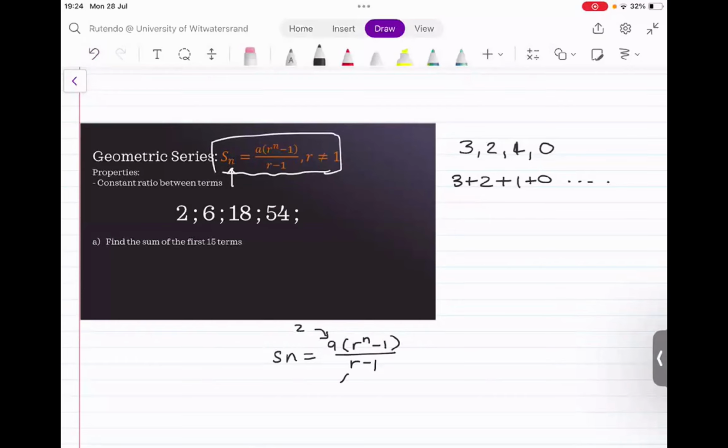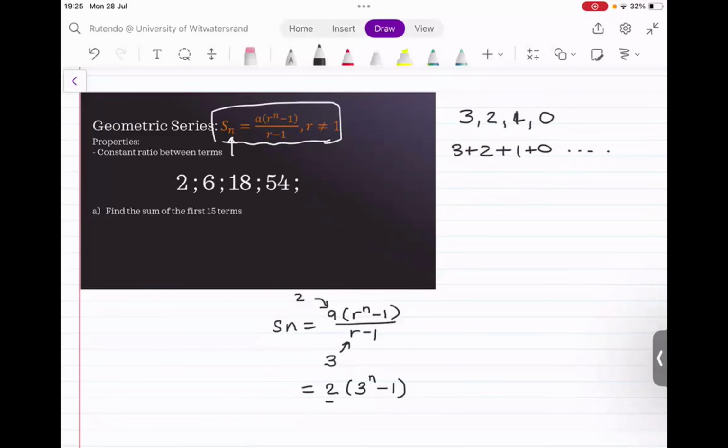And what is your R in this case? I think it's the same. R equals 3 still. So if I want the sum of the first 15 terms, I'll have 2, and then R we said is 3 to the power of n minus 1, over 3 minus 1. Oh, sorry, this is 15, right?